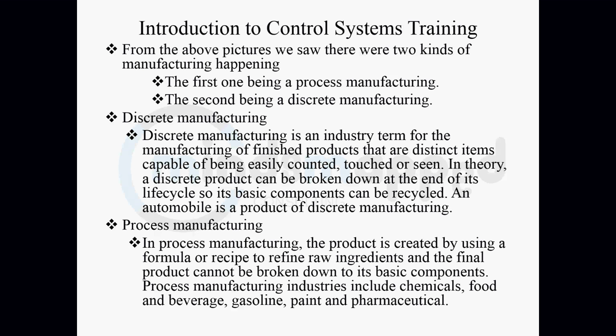Once you have obtained sugar from that sugarcane after following the process, you can't break down sugar to obtain sugarcane again, right? So in process manufacturing, the product is created by using a formula or recipe to refine raw ingredients, and the final product cannot be broken down to its basic components at the end. Process manufacturing industries include examples such as chemicals, food and beverage, gasoline, paint, pharmaceutical, fertilizers, and power plants.